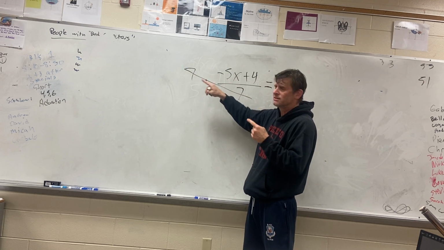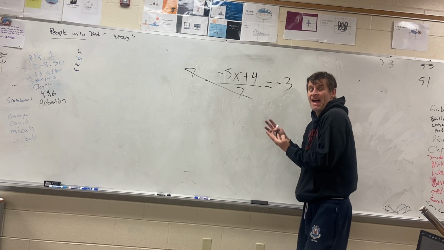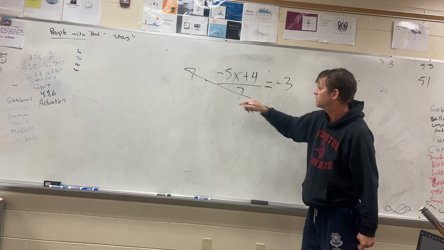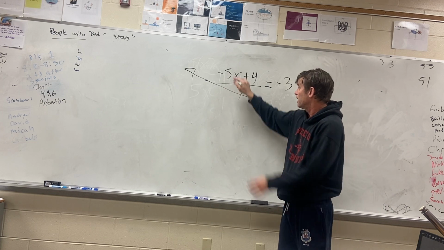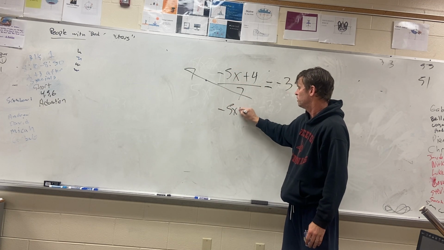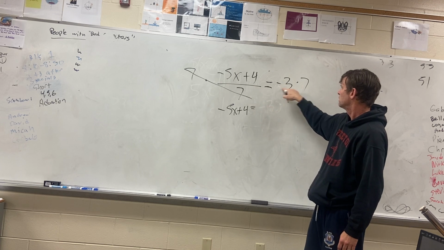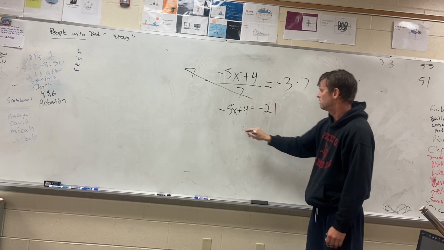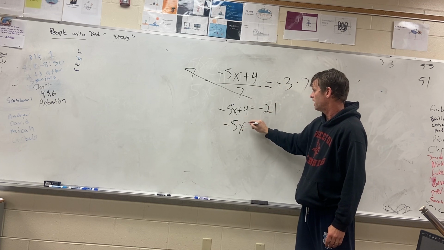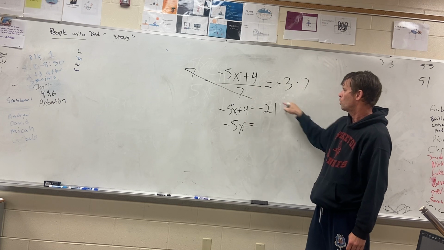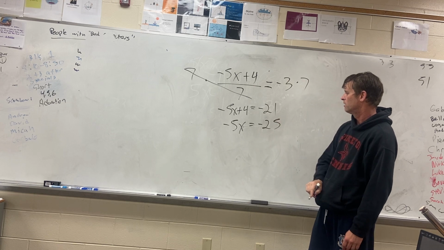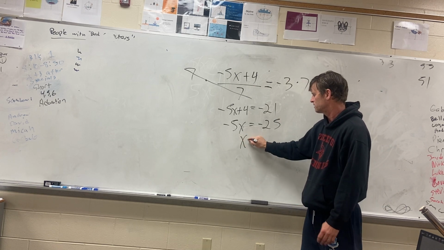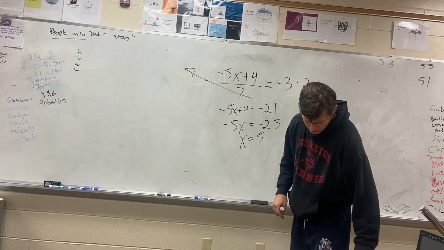When I say kill, it's not a 0, it's a 1 and a 1, but 1s don't matter, right? If I times 7 there, I get times 7 there. So I get negative 5x plus 4 equals negative 21. I'm going to fling my 4, minus 4, negative 21 minus 4 is negative 25, and divide by negative 5, and x equals 5. Okay? All right.